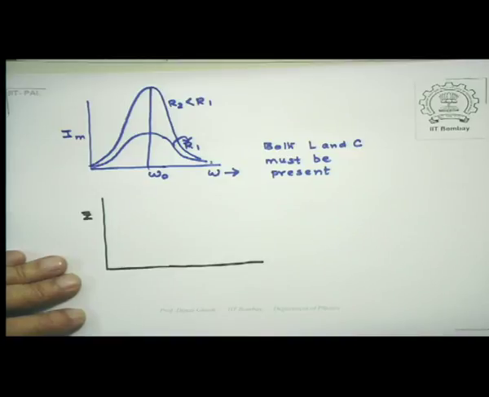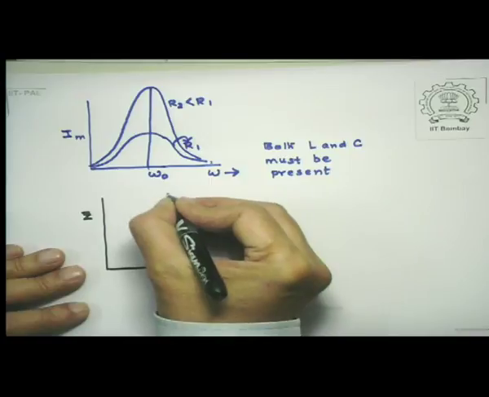Now remember, at the resonant frequency, the impedance is minimum. On either side of the frequency, the impedance rises. Whether the capacitive reactance is more or the inductive reactance is more is totally immaterial, but look at what we are having. So what we get is something like this.